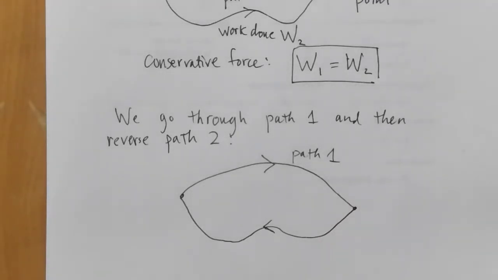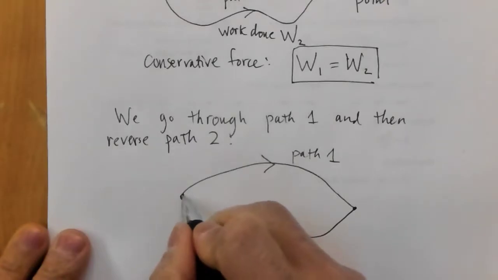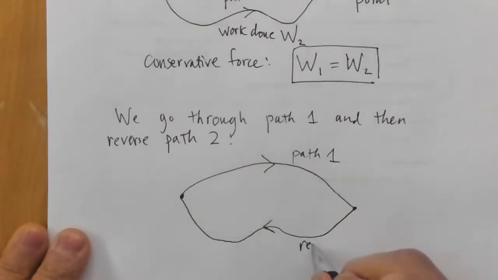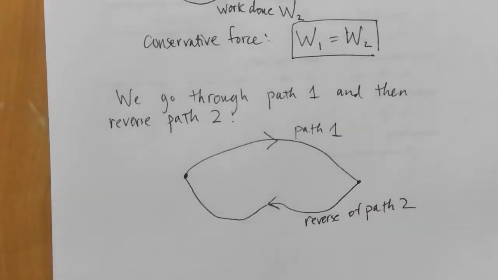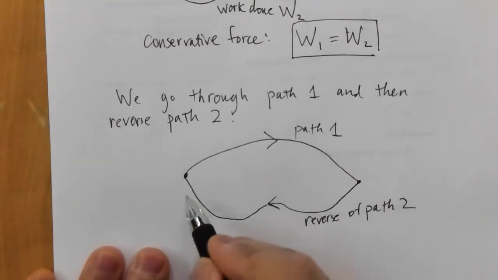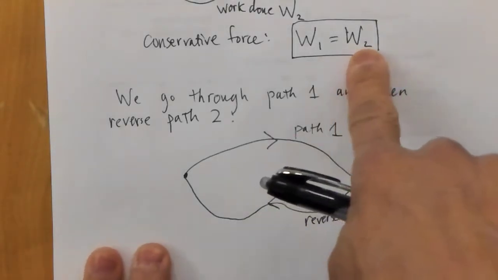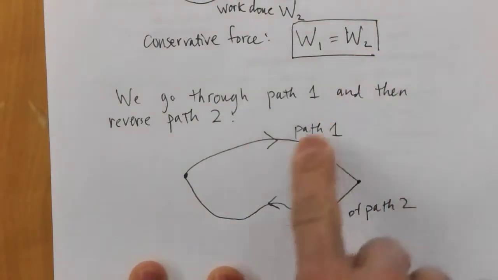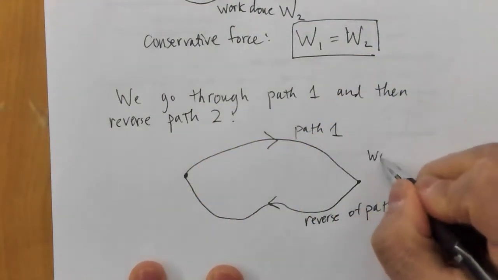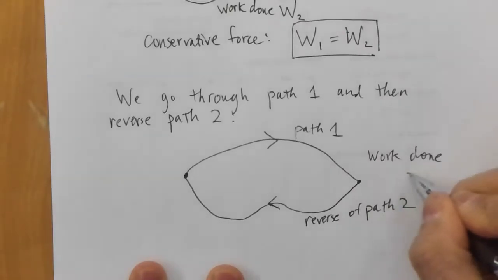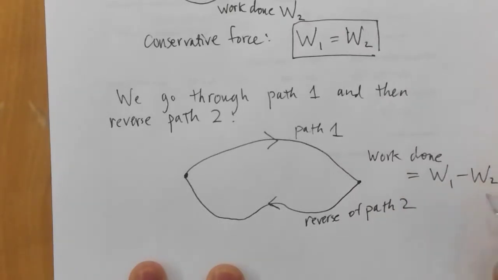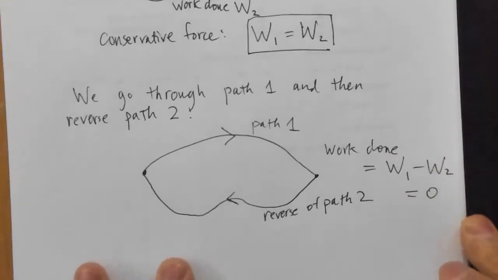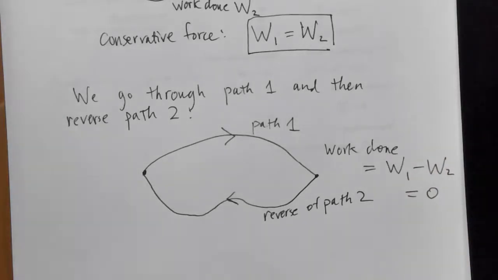So if I start here, do path 1 and the reverse of path 2, does anybody know what the total work done by the force will be? 0. Yeah, 0, because if I go the reverse of path 2, I will just get negative W2. Does that make sense? Then the whole thing gives me work done equal to W1 minus W2, but we said they are equal, and so the work done for this closed path is 0.